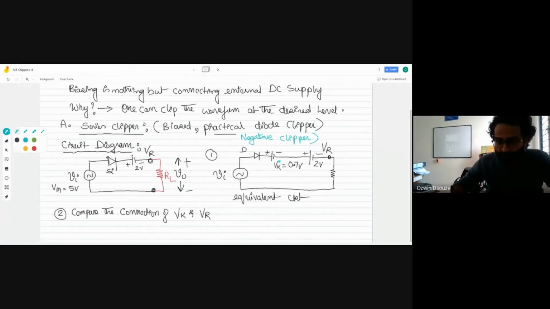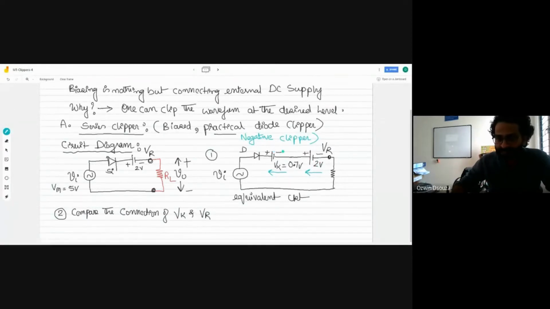If you observe carefully, the Vk connection is minus to plus, and the Vr connection is also minus to plus. So Vk tries to send the current from left to right, and Vr is also sending the current from left-hand side to right-hand side.